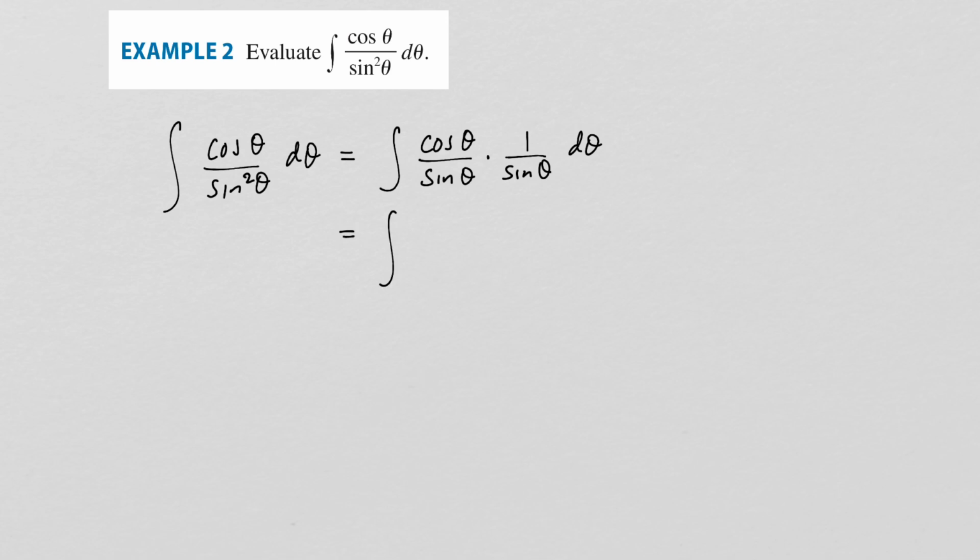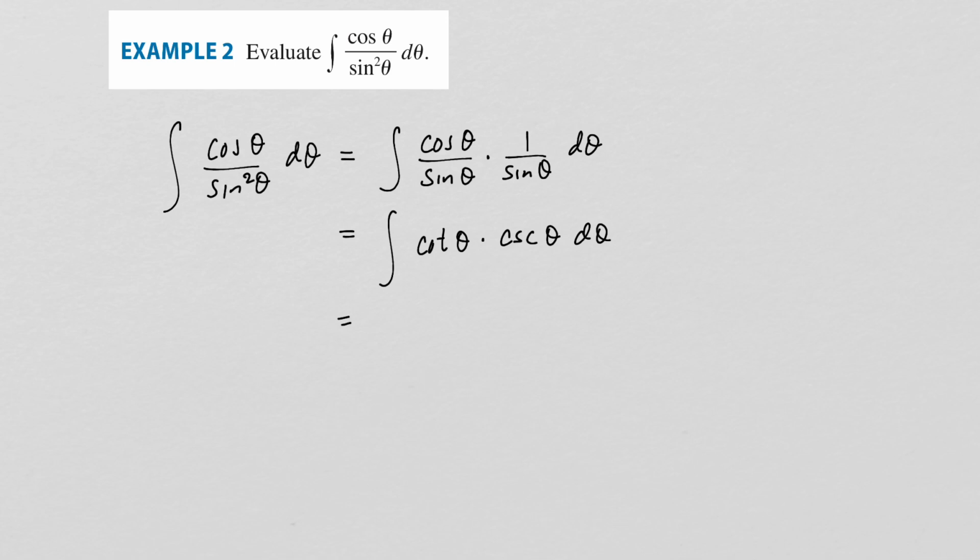And then we can say cosine over sine is cotangent, so cotangent of theta, and 1 over sine is cosecant of theta. And now we just want the antiderivative of cotangent cosecant.